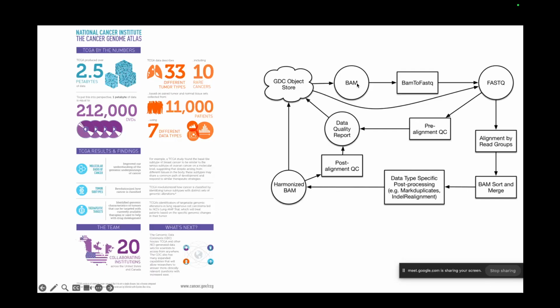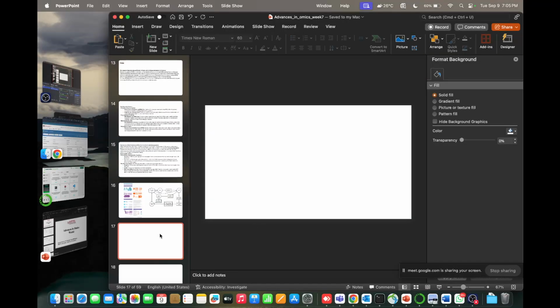They take the raw data, convert it into FastQ, do alignment, pre-alignment QC, quality control, and data processing in a standardized pipeline across all raw data, so that the data you are getting, even the processed data, should not have much variation in terms of batch effect and those kinds of things. There should not be variations in the data that comes out of that portal. So yeah, that is all I have in terms of discussion.